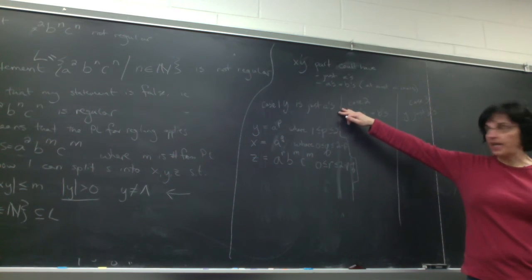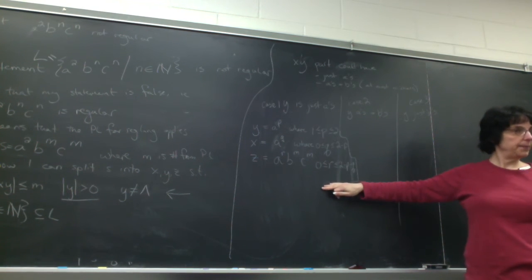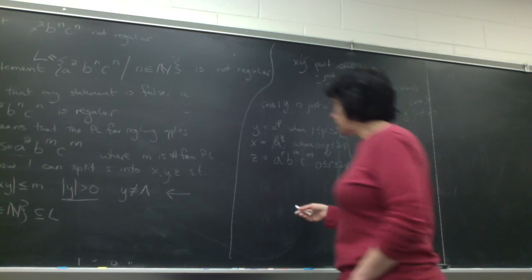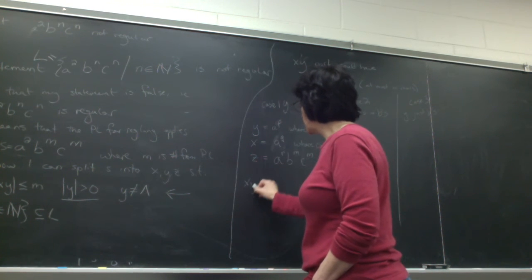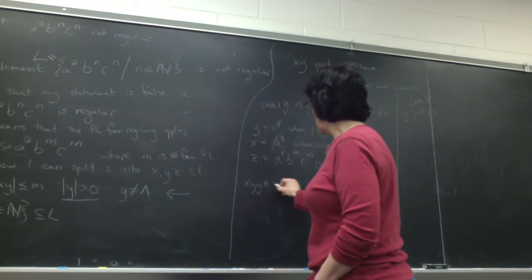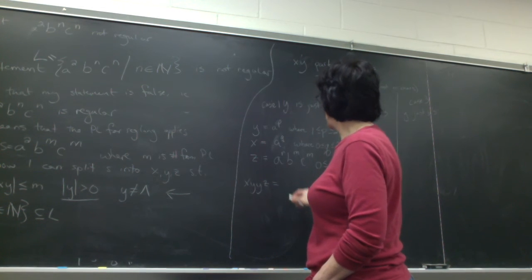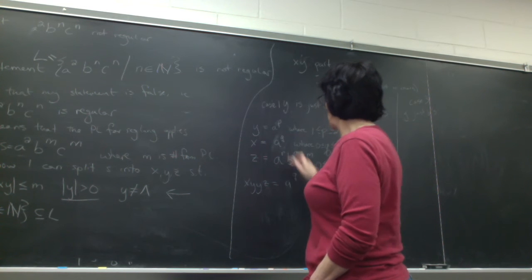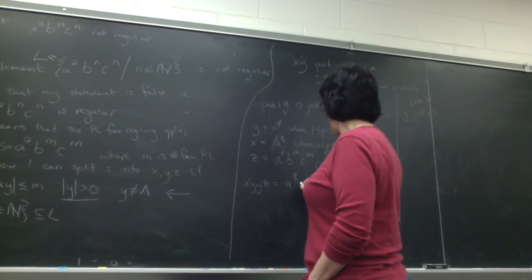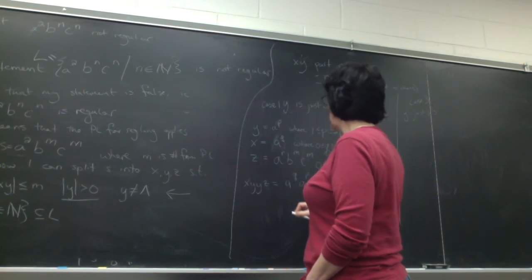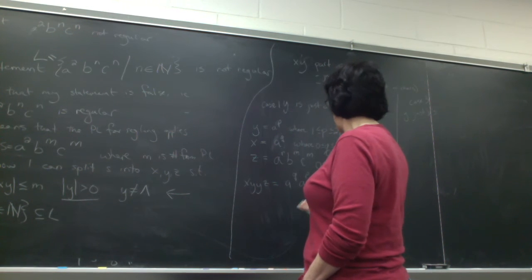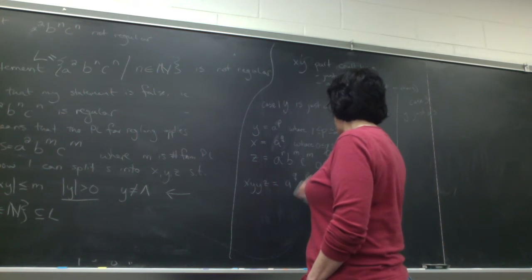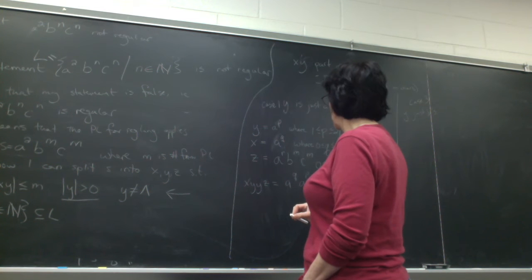So if y is just a's, then here's what x, y, and z are, right? And then we try x, y, y, z. That means x, y, y, z equals, let's see, we've got a to the q, which is x, y is a to the p, and then we have another a to the p, right?